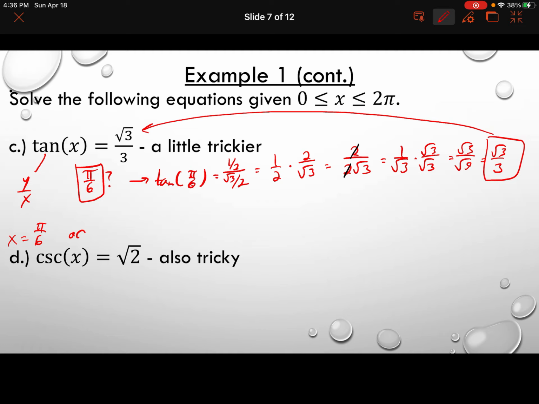Why? If you look at 7 pi over 6, the y value is not 1/2, it's negative 1/2. But since both of them are negative, the negatives cancel out and produce the exact same positive answer. So 7 pi over 6 would also work.